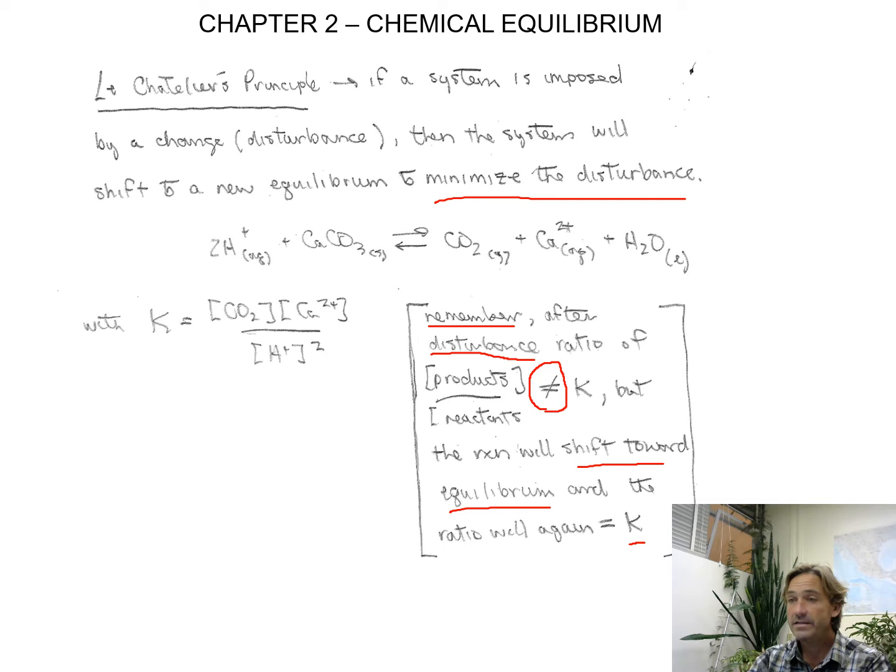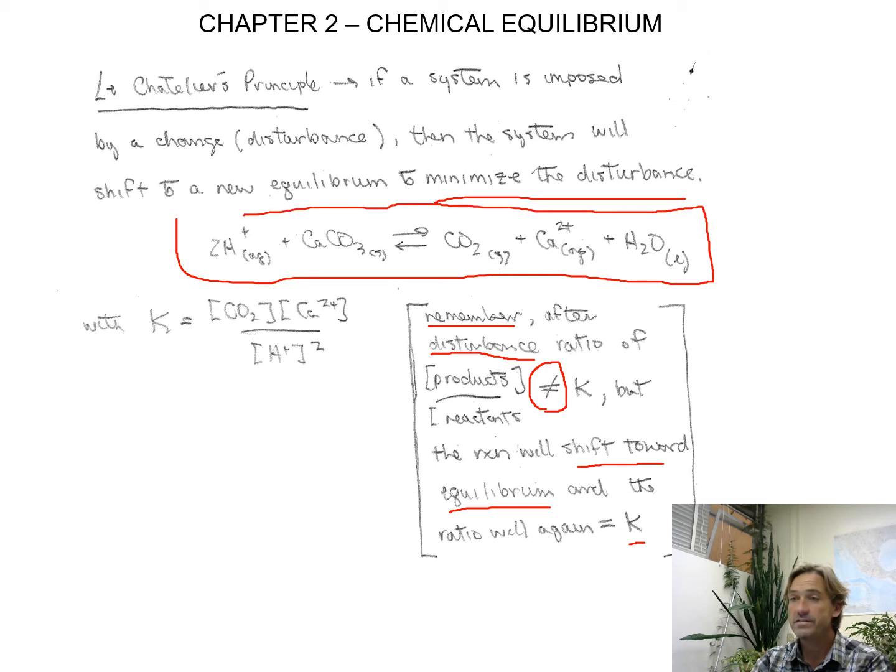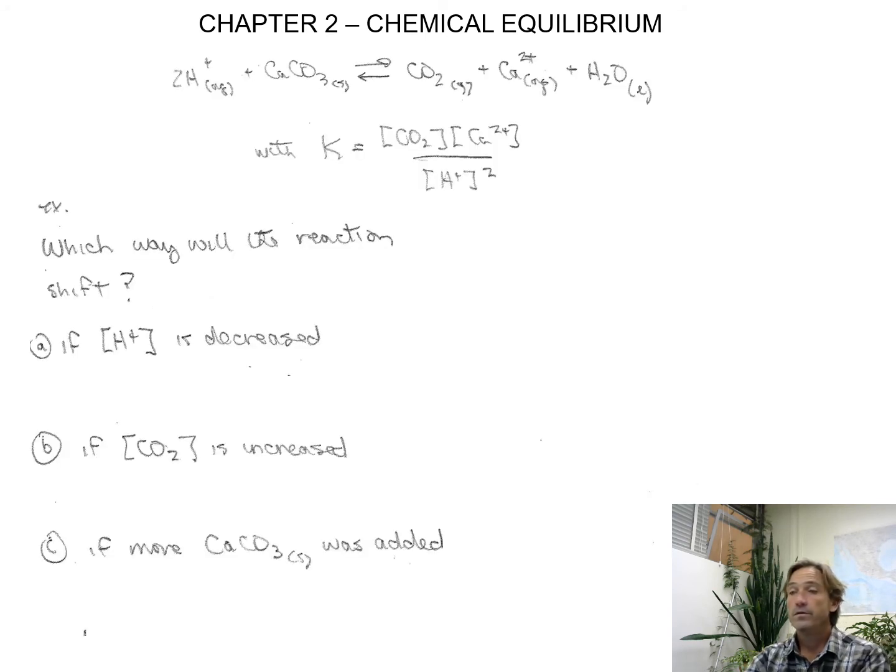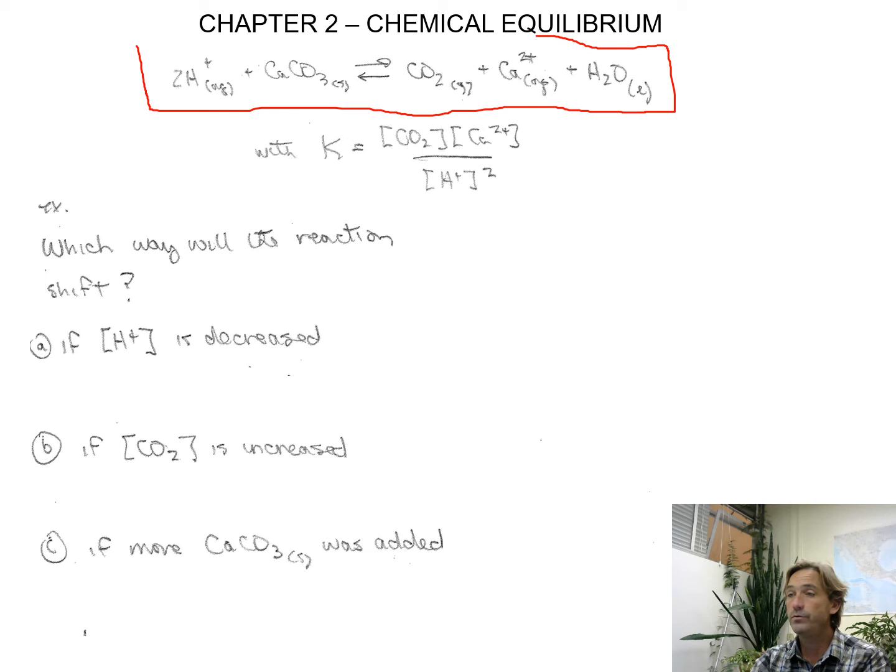And so let's take the equation that we wrote our equilibrium expression for previously, and let's do a few problems using Le Chatelier's principle. So let's do this example where we have our chemical system and we're going to add disturbances to this equilibrium.